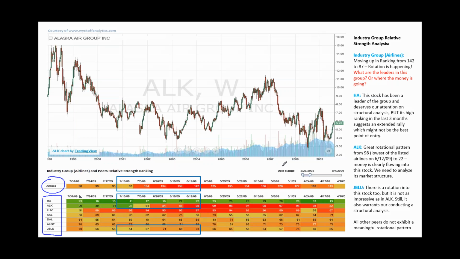Also, please note that there is a date range, and I went into the history and I put the date range for 2008, 2009, and you can see the dates here at the top for both the industry group and the stocks. And the biggest question, Brian, here is, as we look at the ranking, let's start with the industry group. What do we see here for the ranking of the industry group?